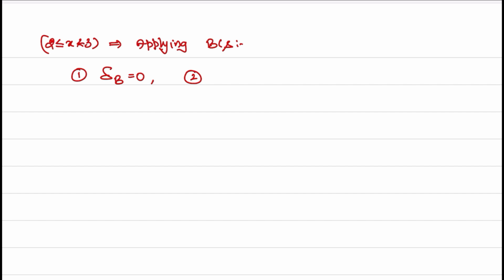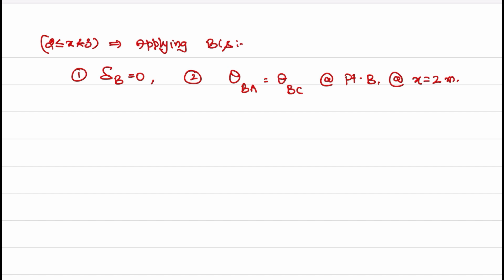And second boundary condition, theta BA, that is slope, is same on either side. Theta BA is equal to theta BC. These are the two boundary conditions we have to apply. This is at point B, at x is equal to 2. When you apply these boundary conditions, we will get C3 and C4 value.